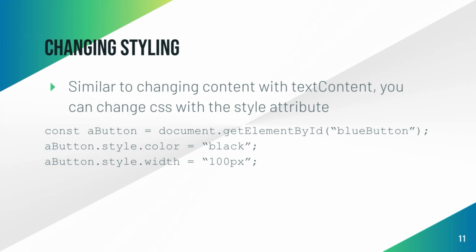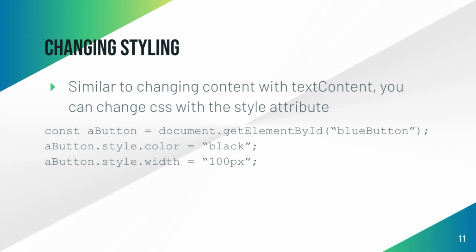And this will all make a lot more sense once we actually get to the demo. But some other things you can do is you can change styles. So similar to changing the content that goes inside of tags, you can actually change the styles of any tags you want. In this example, we're going to be changing the blue button, or whatever element has blue button as an ID.